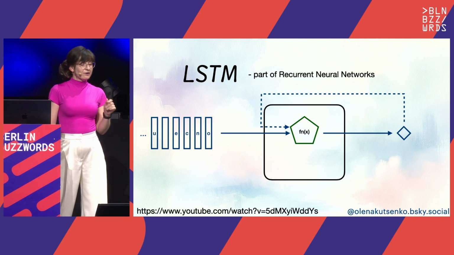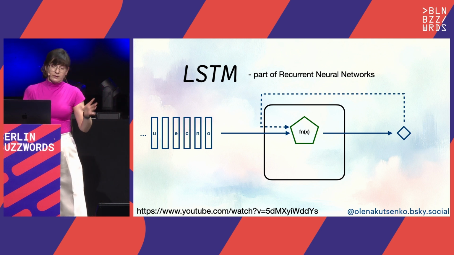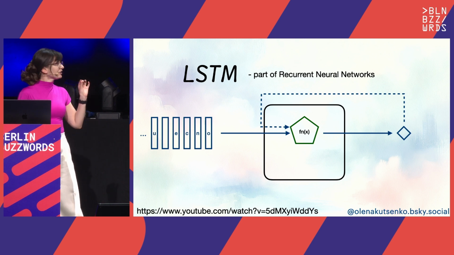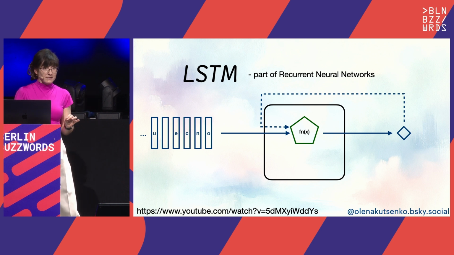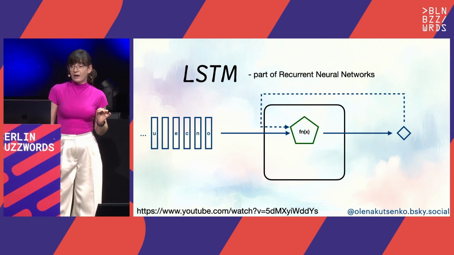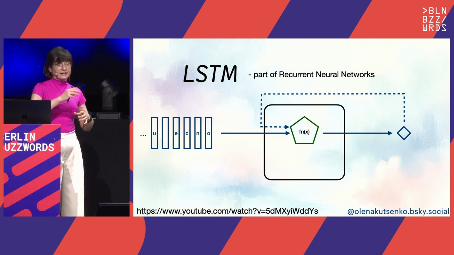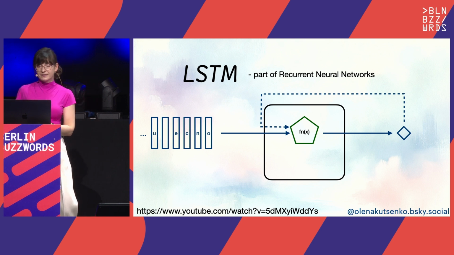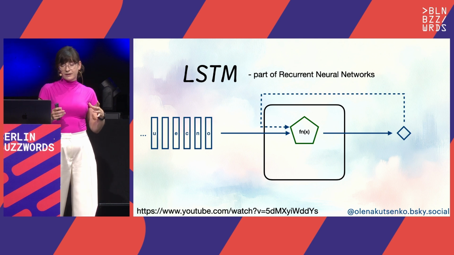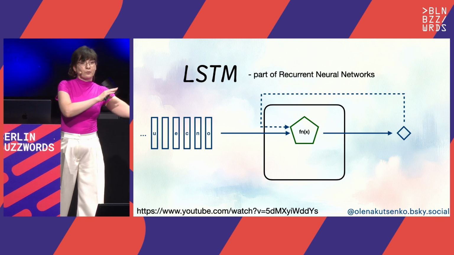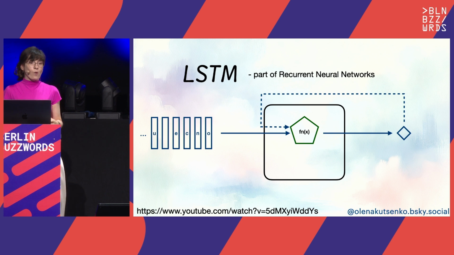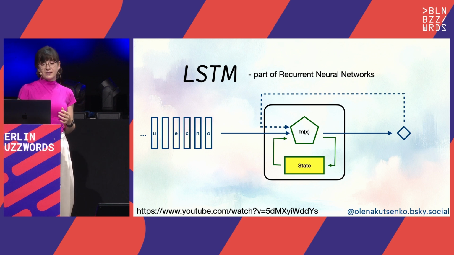But the problem with RNNs in the past, and actually also currently, is that they forget too quickly. So what we do in LSTM to solve that, we add a state so that we can have more long-term dependencies, remembering the start of the sequence when we have already progressed quite long within that sequence.